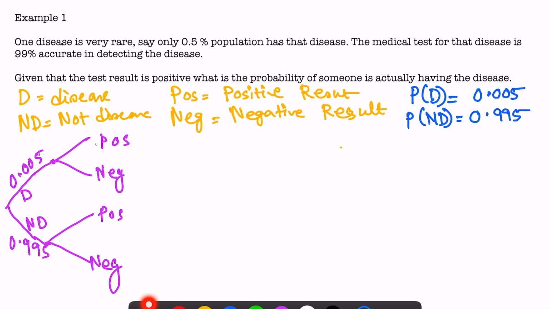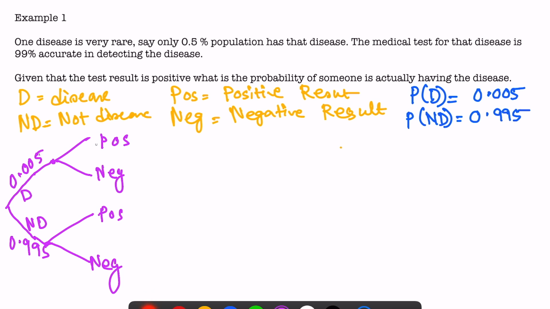So it is said that the test result is 99% accurate. So what are the accurate paths? This is one accurate path because someone is having the disease and the result is positive. This is another accurate path: someone is not having the disease and the result is negative. And the result is 99% accurate, right?